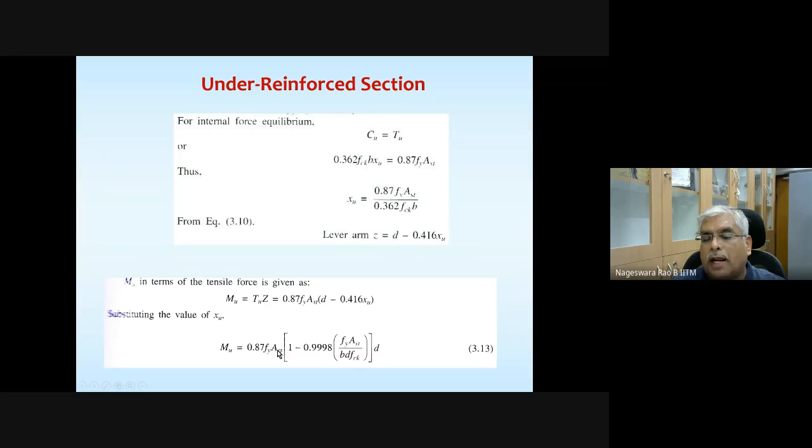If you want, wherever Ast is there, you divide and multiply with bd, and you can write this in terms of percentage, pt divided by 100, or in terms of pt. Take a note of this equation.